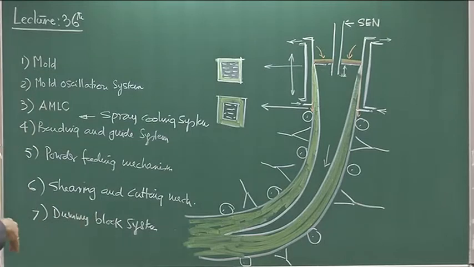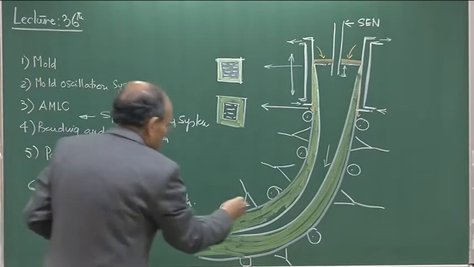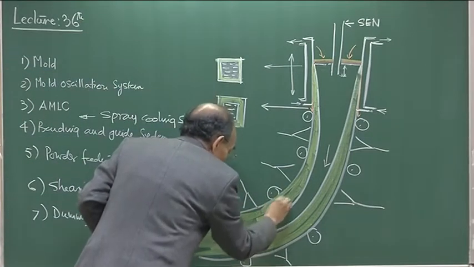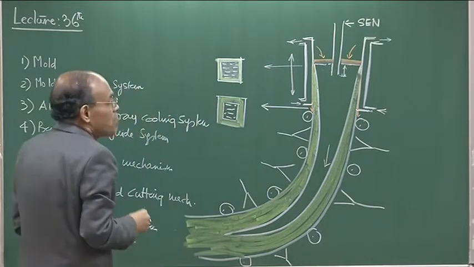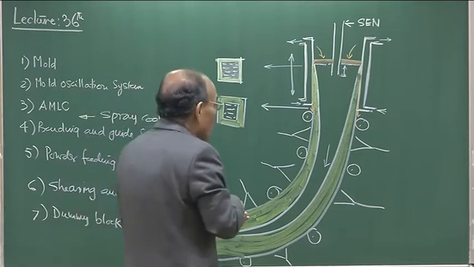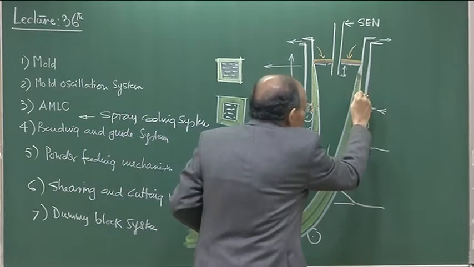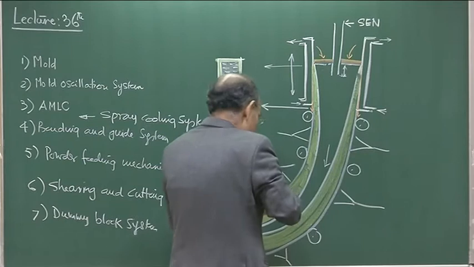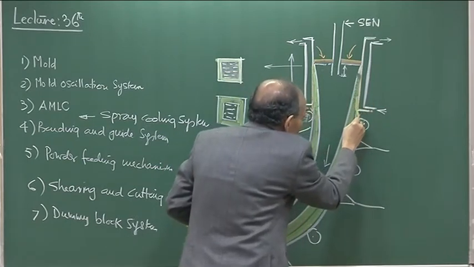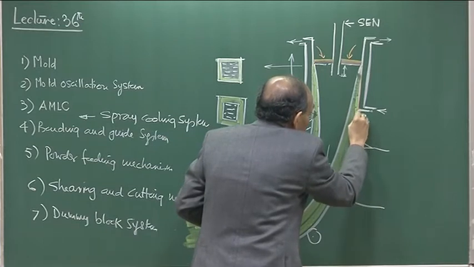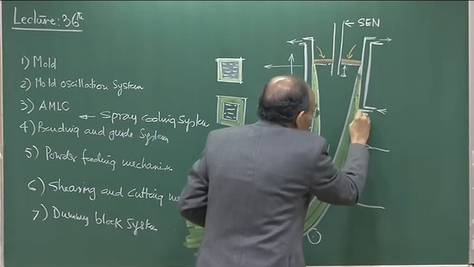So, that ferrostatic pressure, otherwise what we are going to see, that also I have indicated, is that there could be bulging of the strand, and strand bulging is one such phenomenon which can be shown here something like this. This is a typical phenomenon of strand bulging.